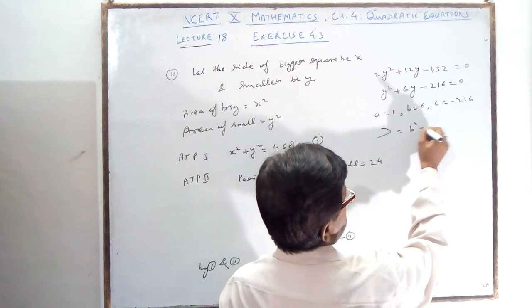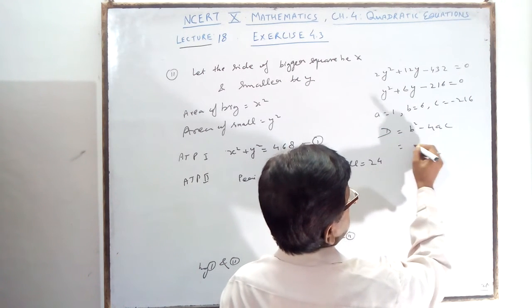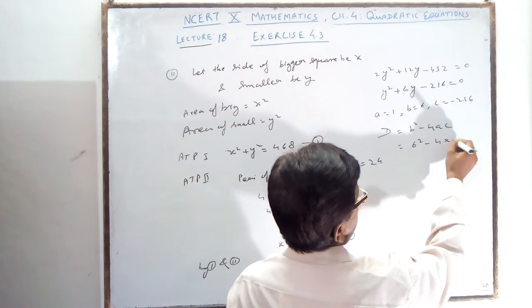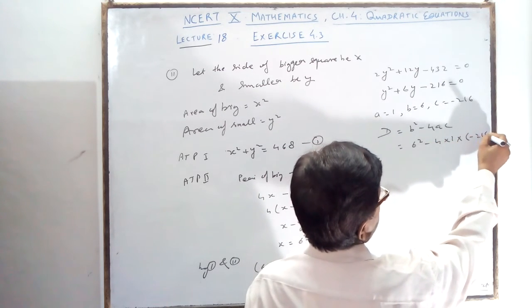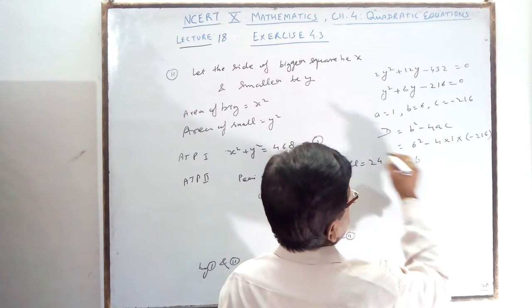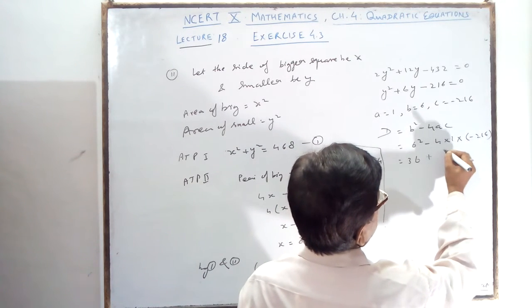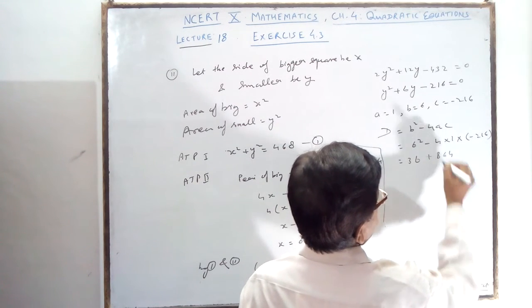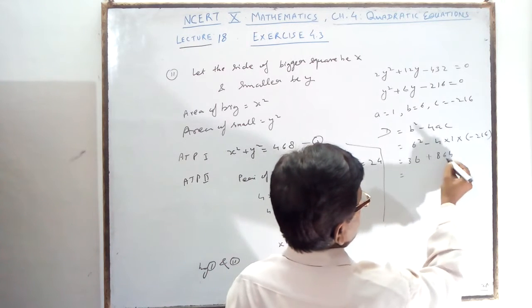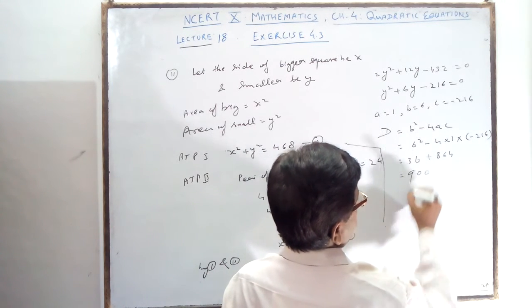Calculate the discriminant, B square minus 4AC: 6 square minus 4 into 1 into minus 216. So 36 plus 864 is 900.